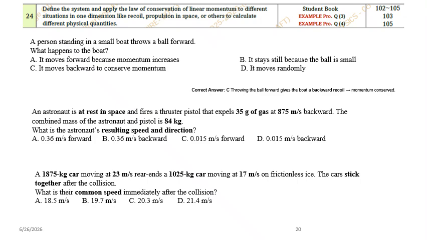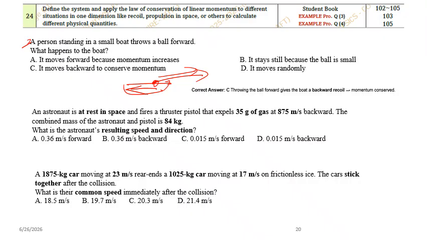Okay, now next one. A person standing in a small boat throws a ball forward. What happens to the boat? Think of it, you are in a boat and you are throwing a ball outside. Obviously you are giving a force in this direction, so as a result we will have a recoil. The boat will be moving in a backward direction, so that you should remember.